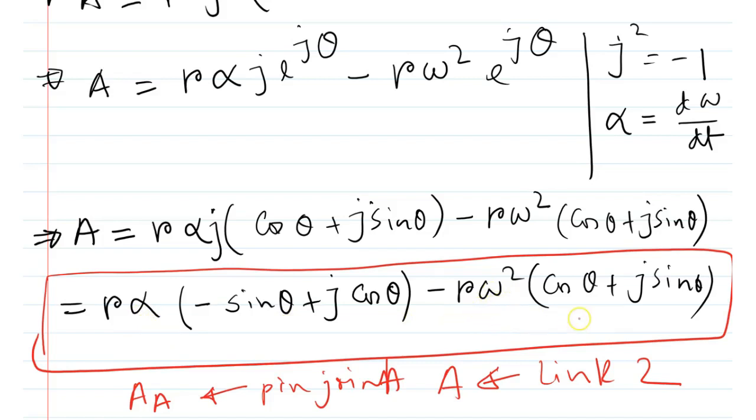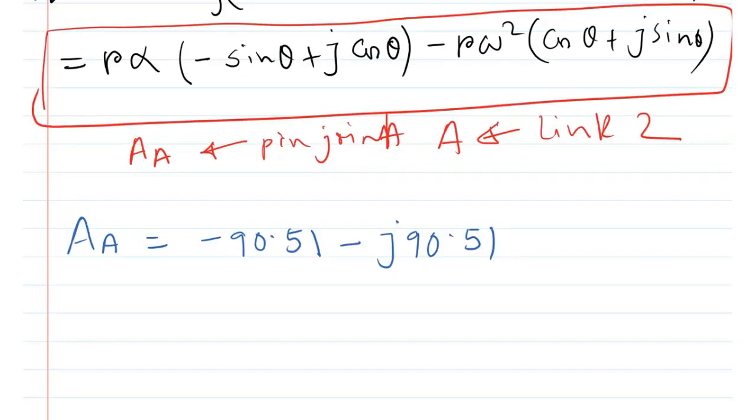We know all these values, and once we put them into these equations, we should get a complex number. So when we replace all values relevant to link 2, we found AA, which is the linear acceleration of pin joint A, as a complex number like this.